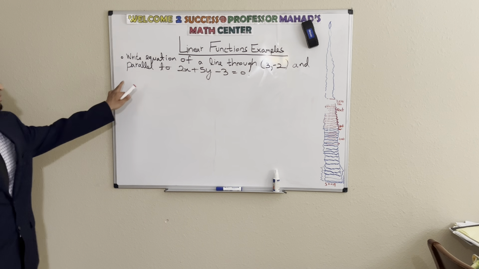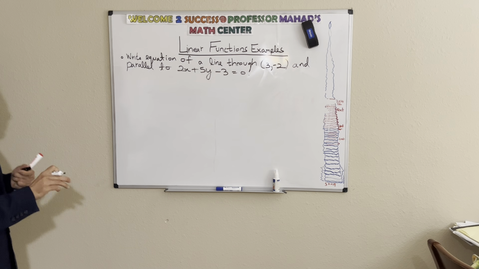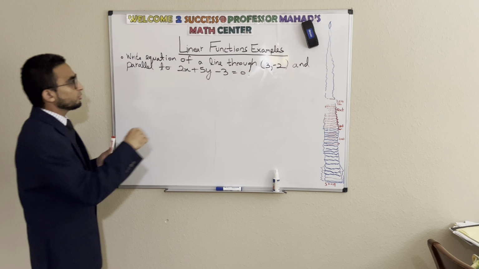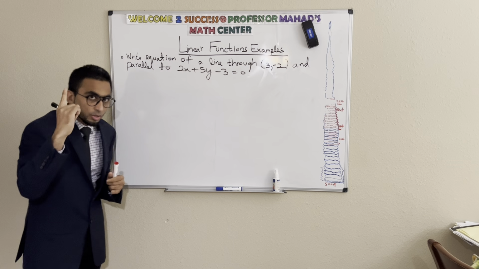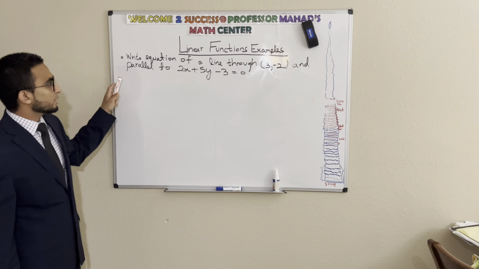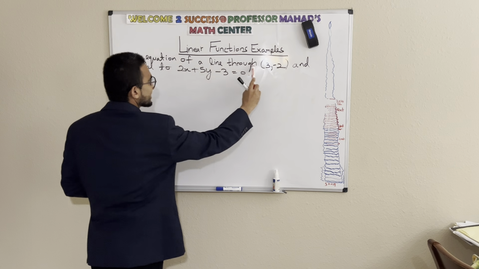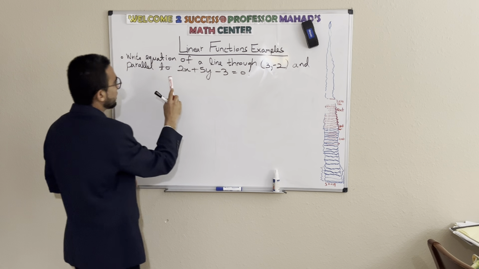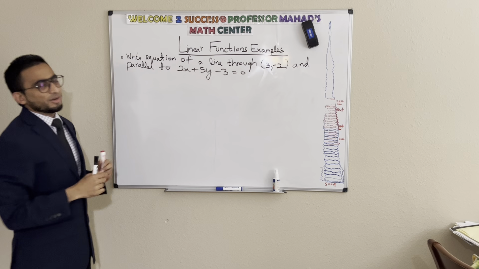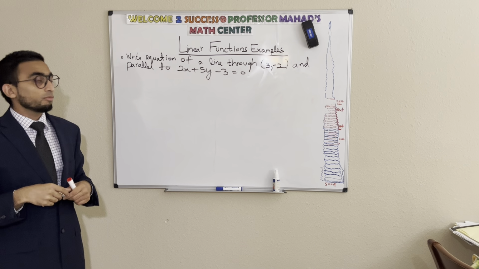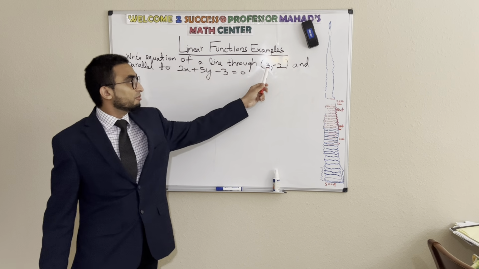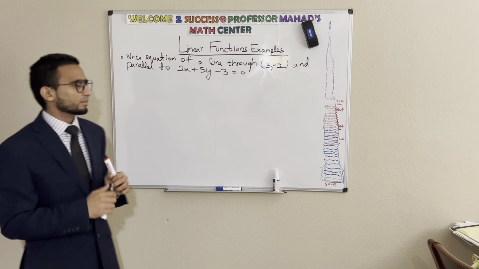So guys, this is our question. Basically, they're talking about a line which passes through this point. They have given you 1 point, and they have said that this line, the one we're talking about, passing through this point, is parallel to this line. What do you guys recall when we say that we have 1 point given?